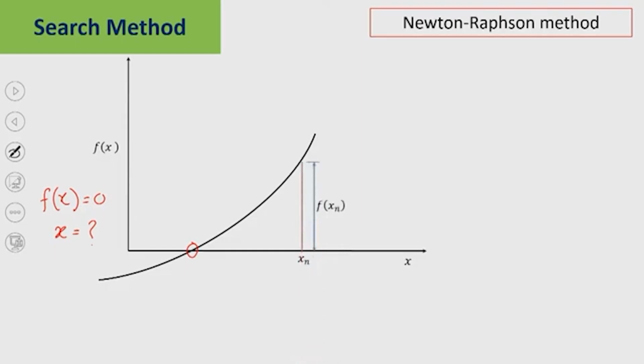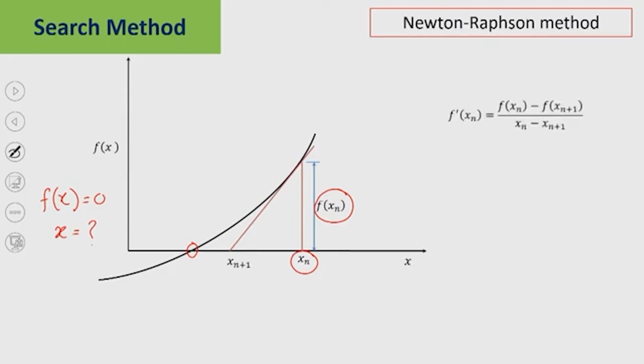Suppose I take an initial point, which we call x n, and its value is f of x n. Then I approximate the gradient at that point.